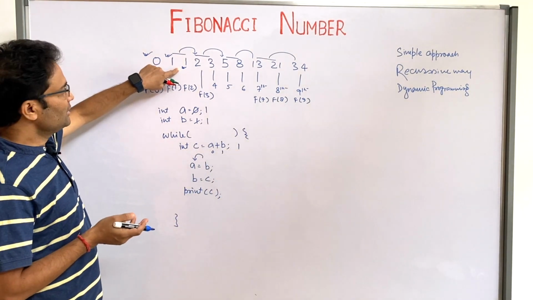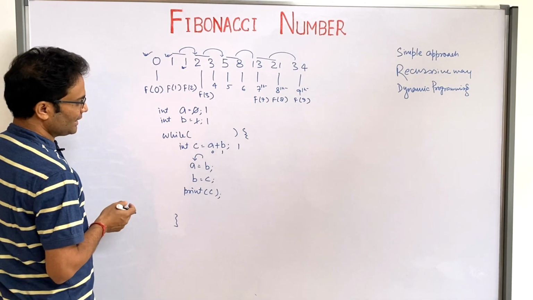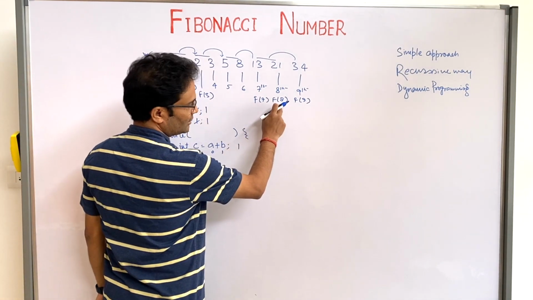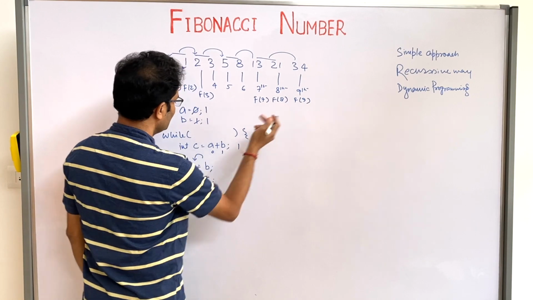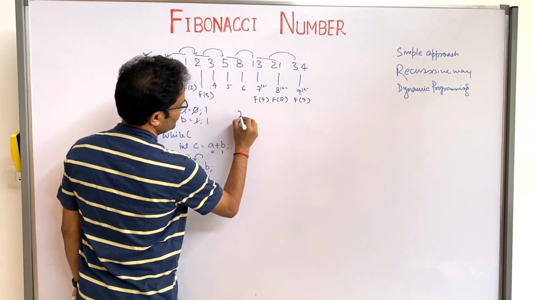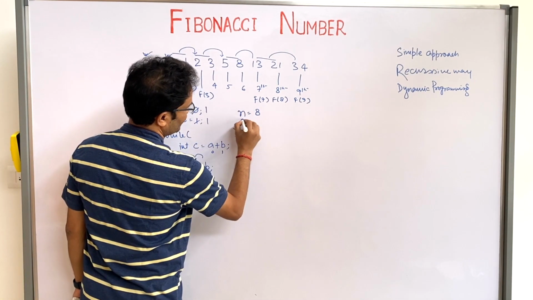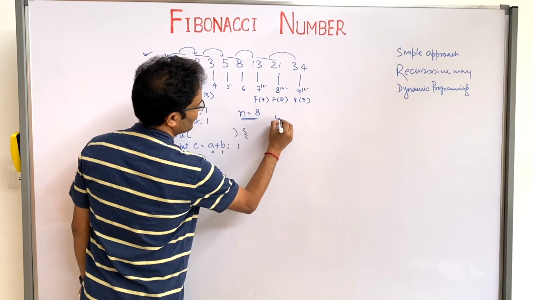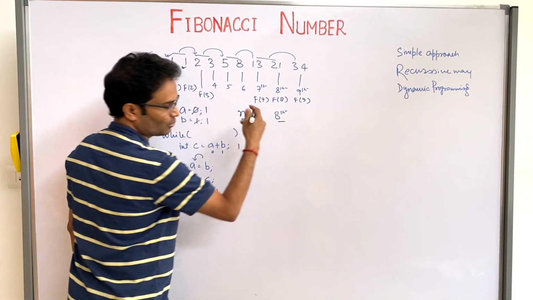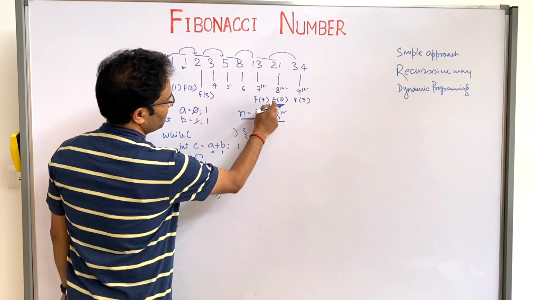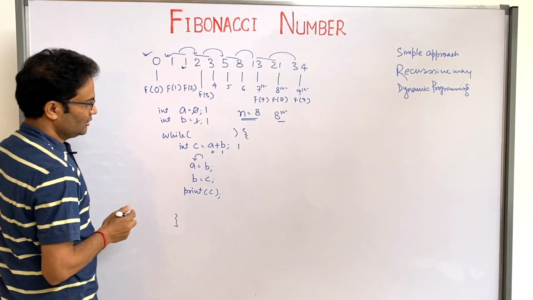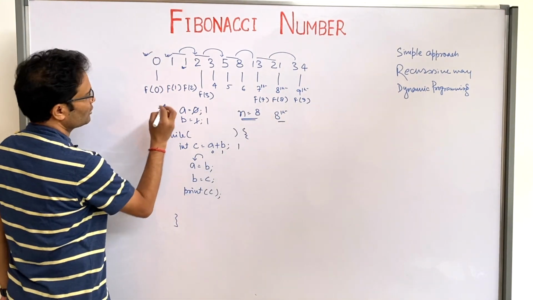Till what time will it continue? So suppose you want to go till 8 or till 9, so you can pass n. So suppose if you pass n as 8, it means you want to get the 8th Fibonacci number, or you want to get the value of F8. So what you have to do is make one counter.